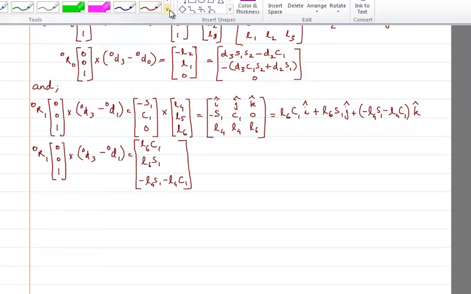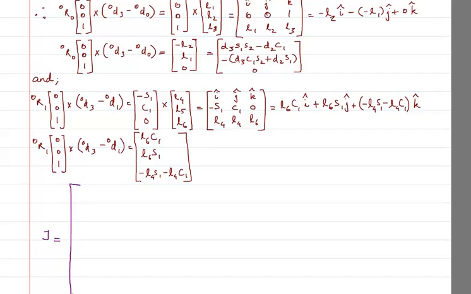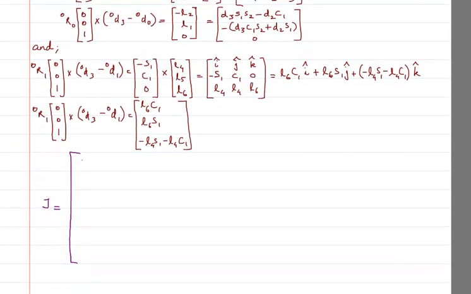So let me write the Jacobian straight away from here. I will get J is equal to, let me take this slightly up. Okay, so first is this 0r0 equation, and I have to substitute the value of that equation.